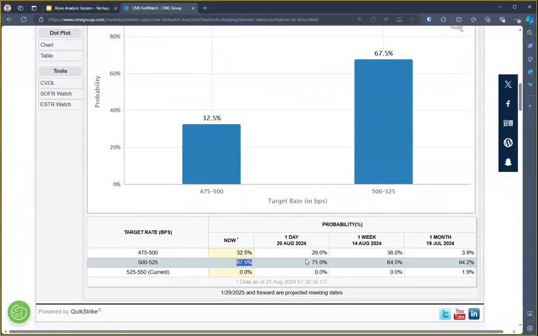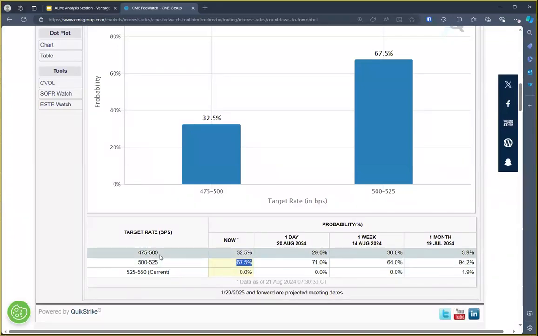So it has reduced, but where did the percentage go to? Right? People are expecting a 50 basis point cut, right? It increased from 29% to 32.5%.